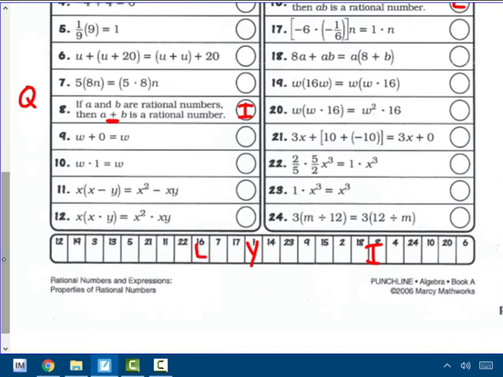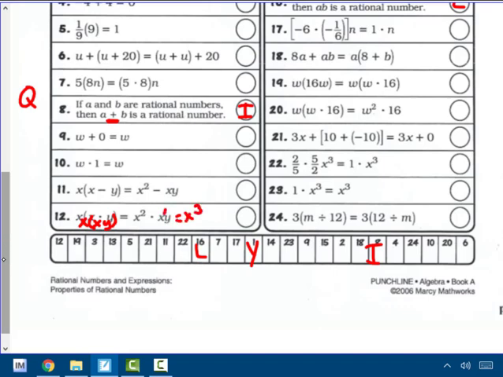Another one that I'd like to do is number 12. It kind of looks like the distributive property. X times Y. If I did PEMDAS, this would be XY. And X times XY would be X squared Y. Not X squared times XY, because that would give me X cubed, right?